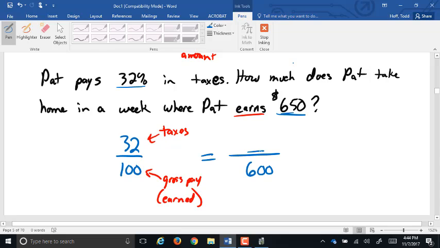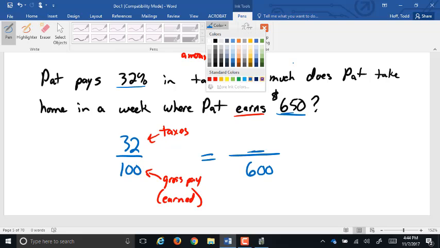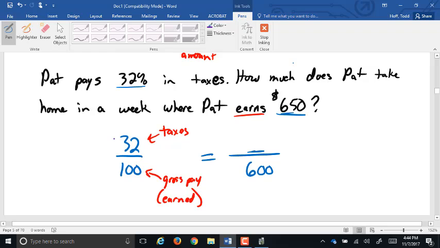Are we looking for the amount of taxes? No, we're not. But if I know the amount of taxes, will it help me find what I'm looking for? Well, it can, right? Let's do this. Let's find the amount of taxes. Should be 650, thank you.